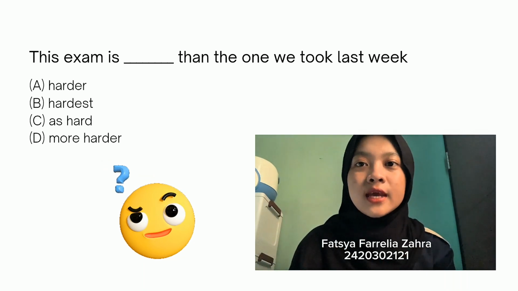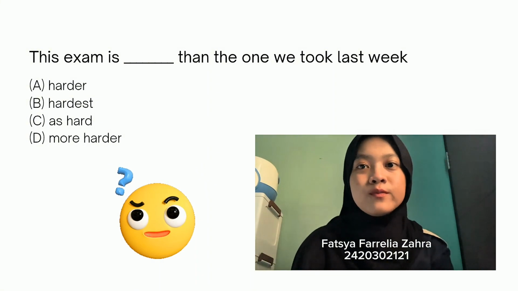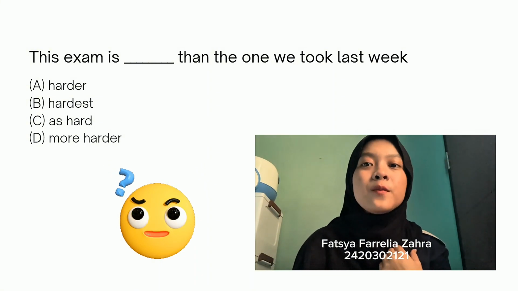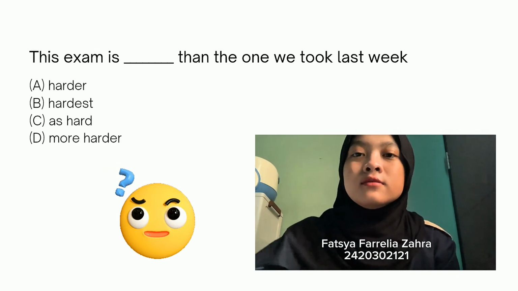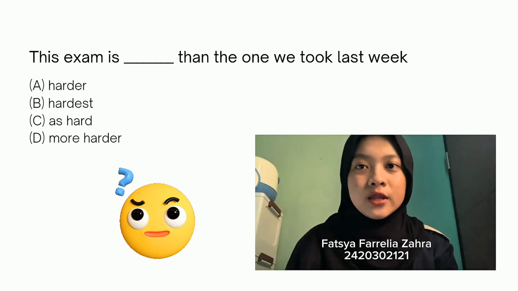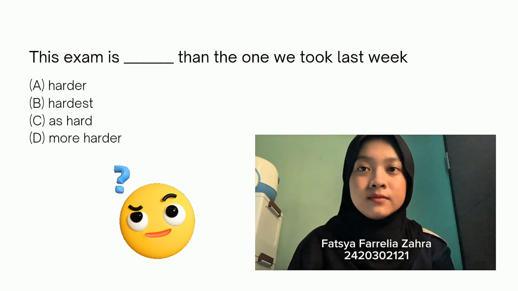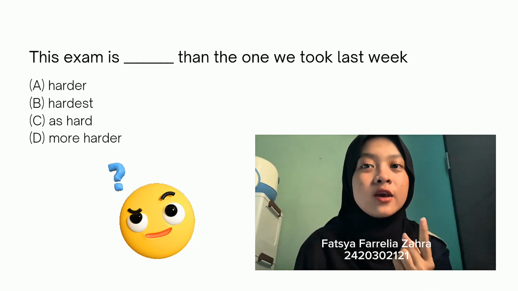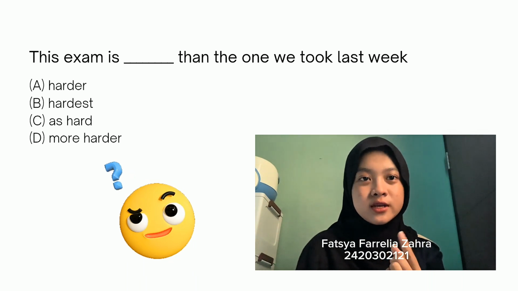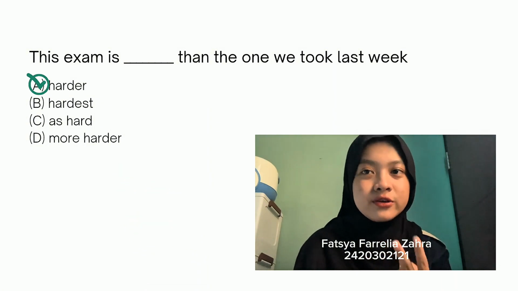When comparing exactly two items, we use the comparative form. Harder is the correct comparative form of hard. So the correct answer is A, harder.